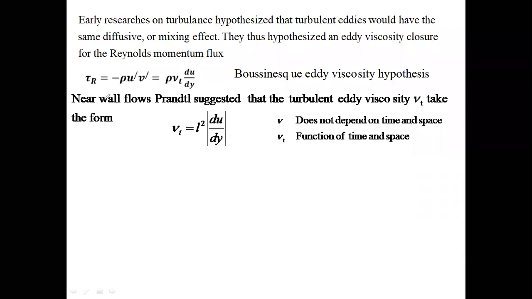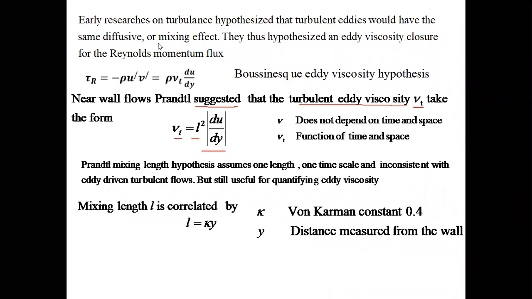Then for near wall flow, Prandtl, in his research, suggested that the turbulent eddy viscosity, that means this nu t, can be written as nu t equals L squared du by dy. What is this L? L is called the mixing length.